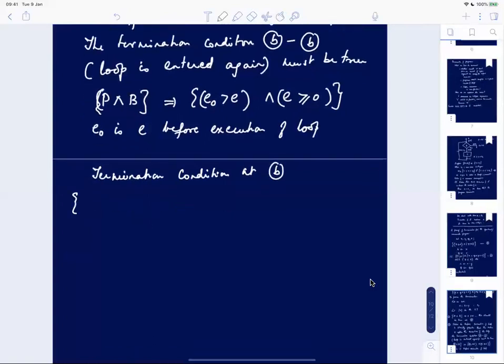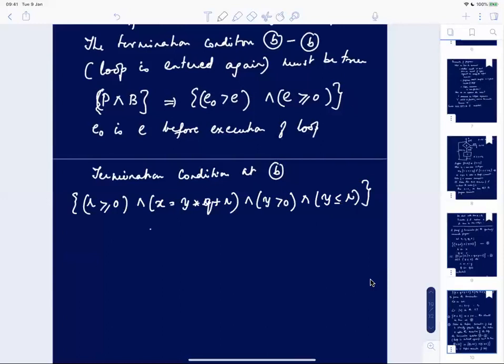It becomes r is greater than or equal to 0 and x is equal to y star q plus r and y greater than 0 and y less than or equal to r, because that is what we started out with. And this should imply r plus y is greater than 0.